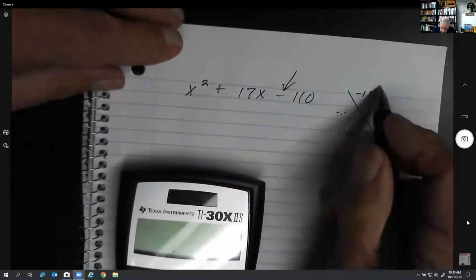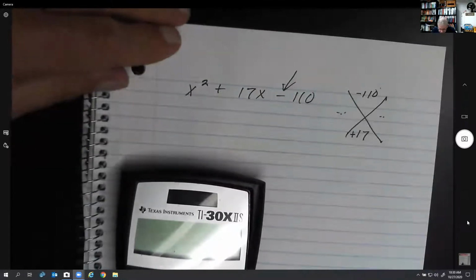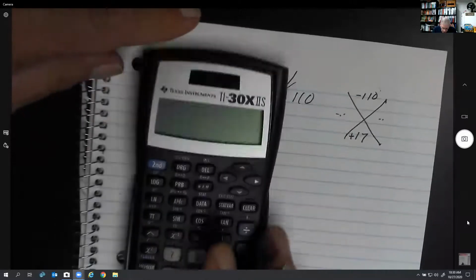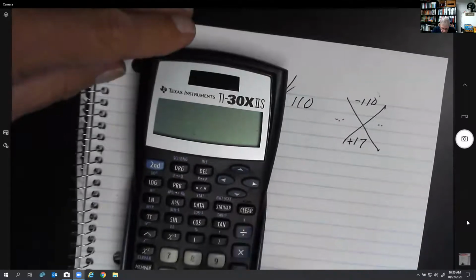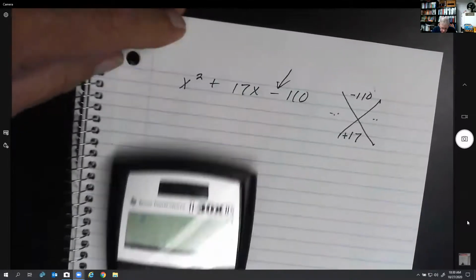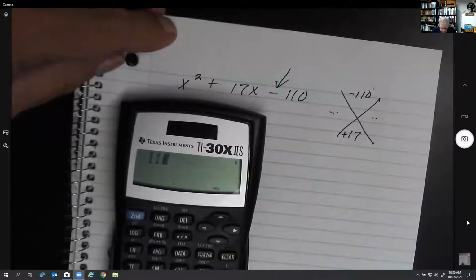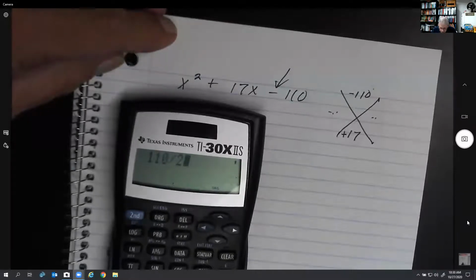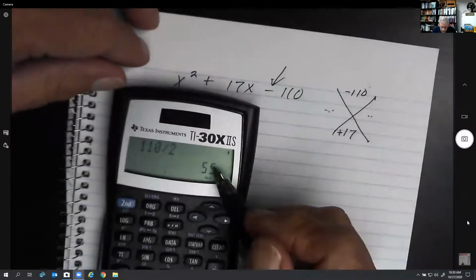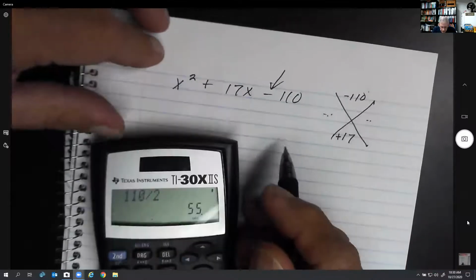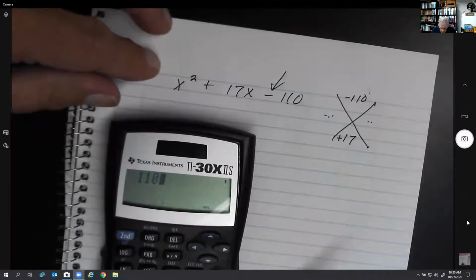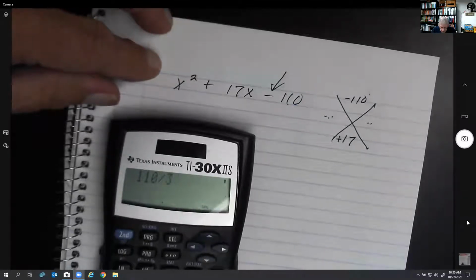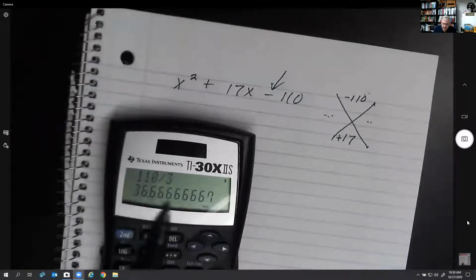So I'm going to look for the factors of 110. And so the way I have my calculator help me is, let's clear this out. Let's turn it on. I'm going to take 110 and divide it by 2. 55. 55 take away 2 is 53. That's not going to work. Let's try 110 divided by 3. It's not going to work because this is a decimal.